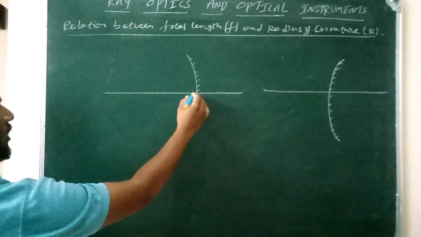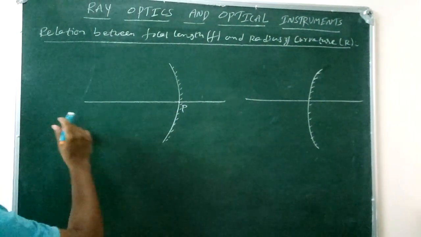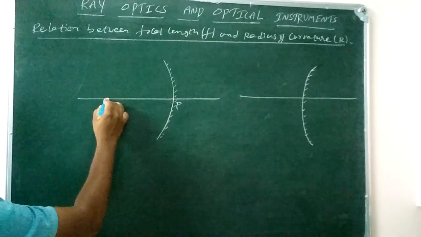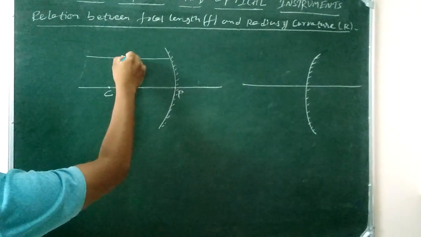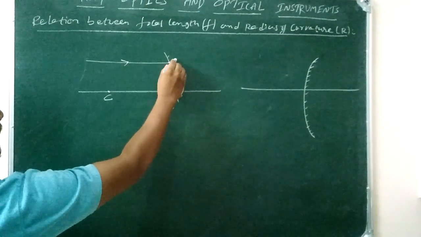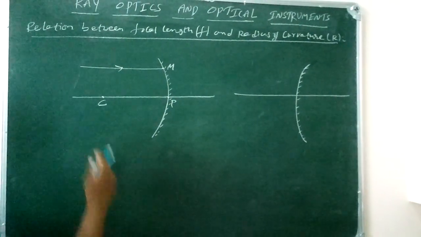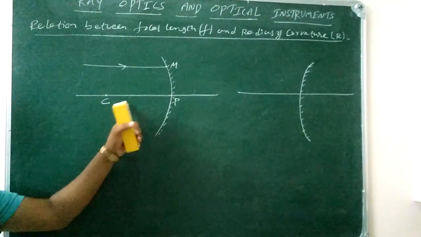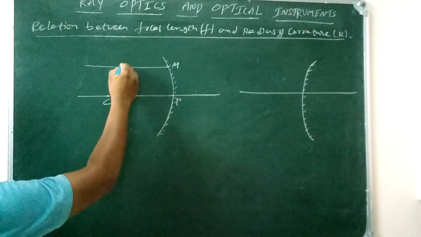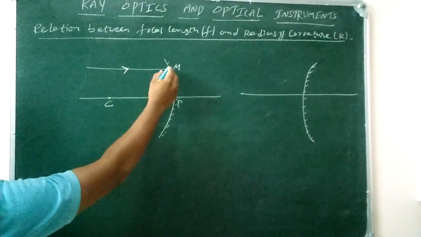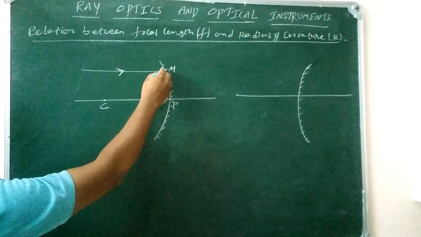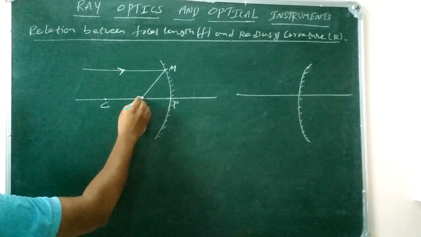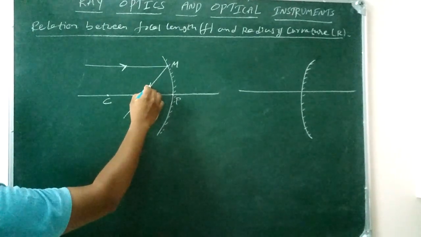This is the pole of the mirror, and this is the center of curvature. A light ray is incident on the concave mirror at a point M. That light ray is parallel to the principal axis. It is incident on the concave mirror at the point M, and it will reflect and pass through the principal focus.